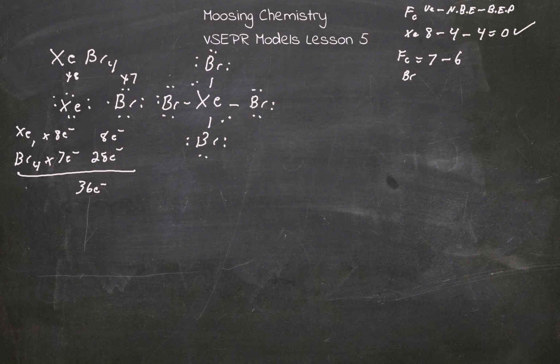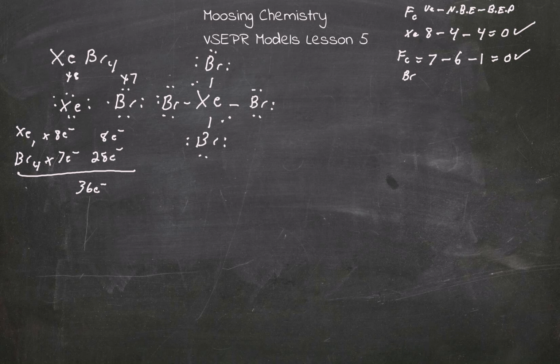Minus, of course, 1 bonding pair, which is right here. And that's going to give me 0, which is also good. So we know this works really, really well. The formal charge confirms it.